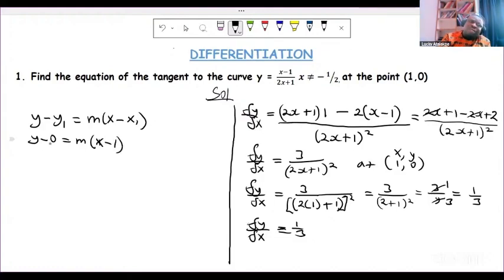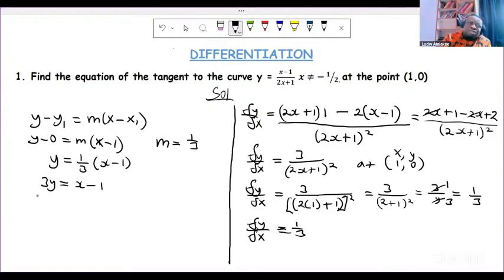So y minus 0 is still y. Good, we have obtained the gradient. We said that the gradient of the curve is the same as the gradient of the line, so our m is 1 over 3. So this becomes y equals 1 over 3 times x minus 1. If you cross multiply, this becomes 3y equals x minus 1.